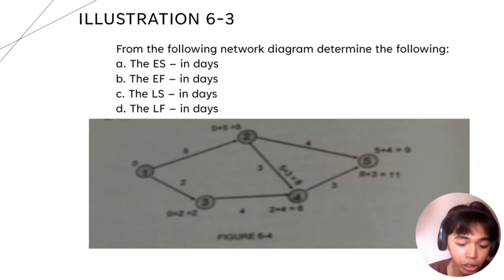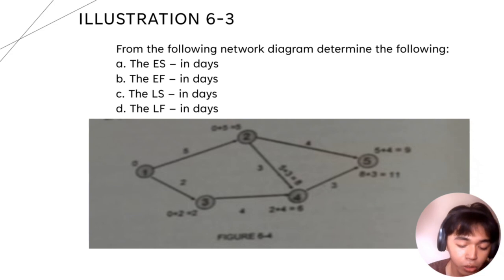So the duration from 1 to 2 is 5 days, 1 to 3 is 2 days, 2 to 4 is 3 days, 3 to 4 is 4 days, 2 to 5 is 4 days, and 4 to 5 is 3 days.